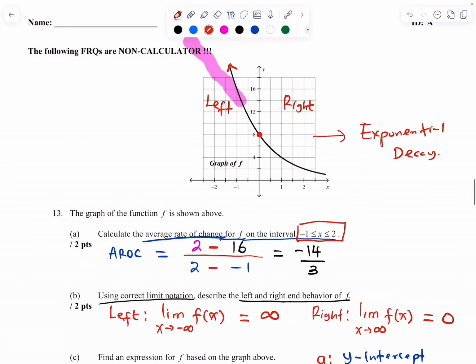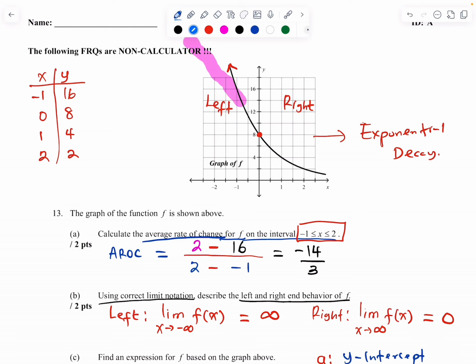If I get myself a table real quick and do x comma y, you'll notice that at -1 your y value will be 16. At 0, your y value will be 8. At x equals 1, your y value will be 4, and at x equals 2, your y value is 2.